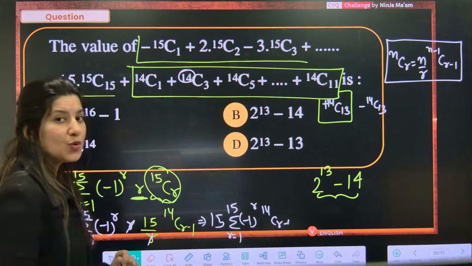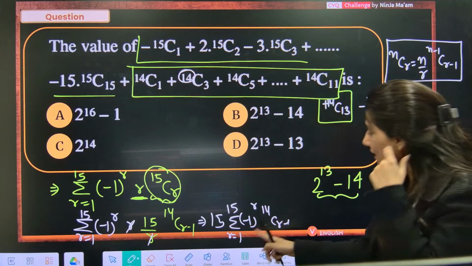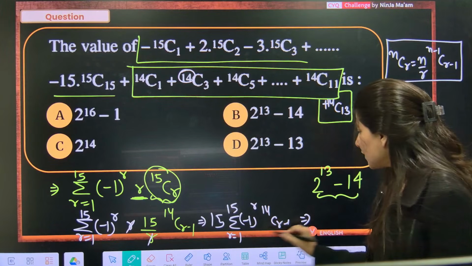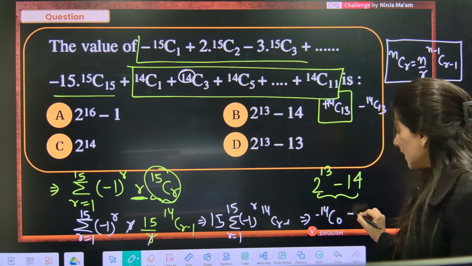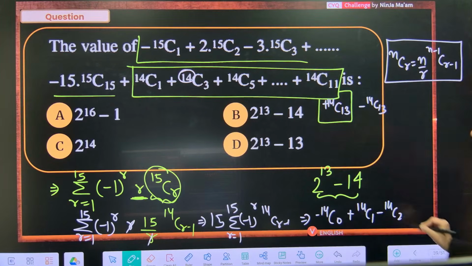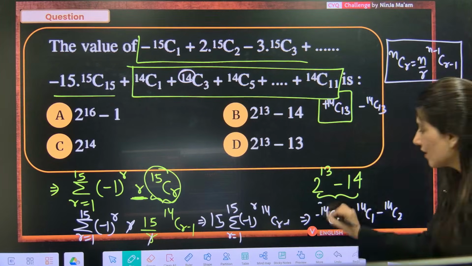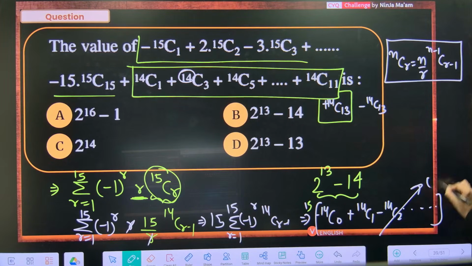If you open this, put R equals 1: minus 14C0, then plus 14C1, minus 14C2. Do you remember? This alternate thing is happening. 15 will get multiplied, which is nothing but 0.